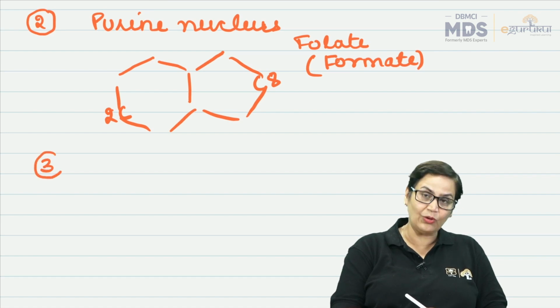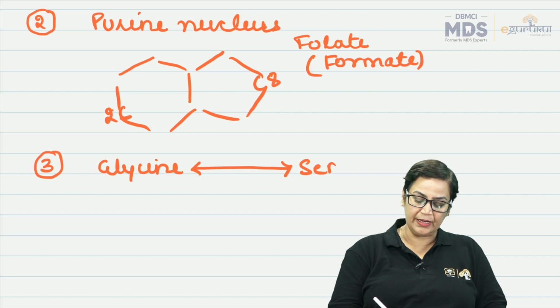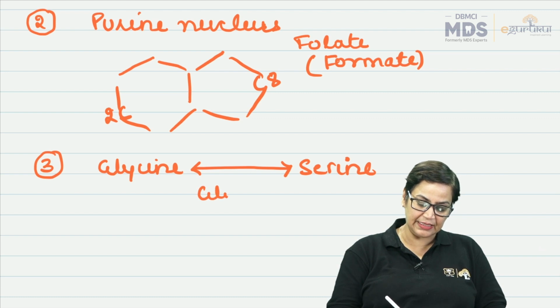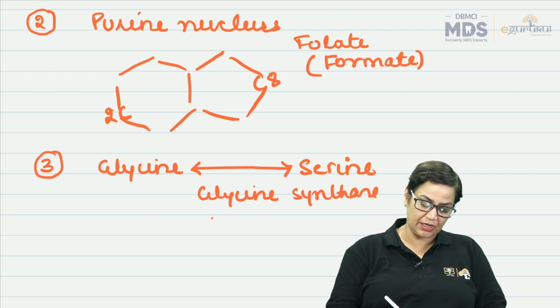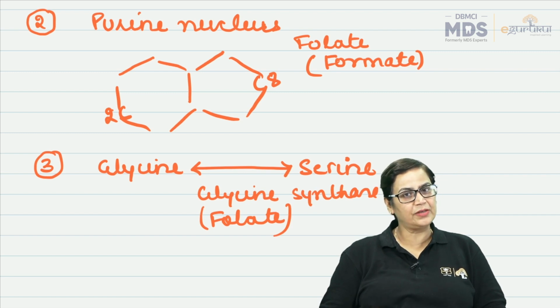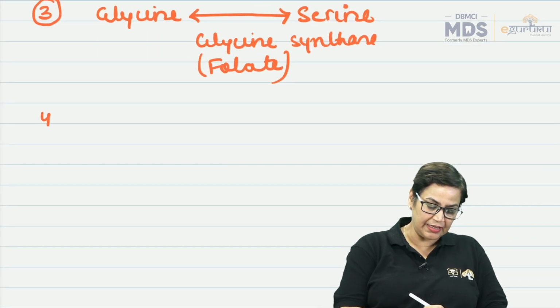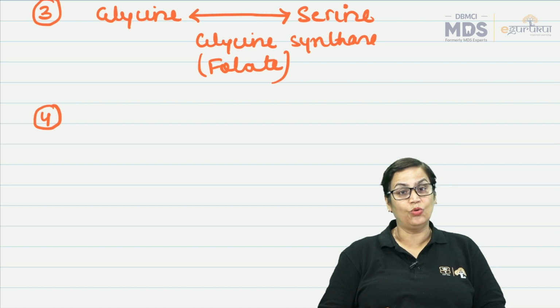The third reaction of folic acid is when glycine and serine have to be interconverted to one another. Here also the name of the enzyme is glycine synthase, but it requires folate. So this is also one of the very important reactions. And then the fourth reaction is in the synthesis of methionine from homocysteine.